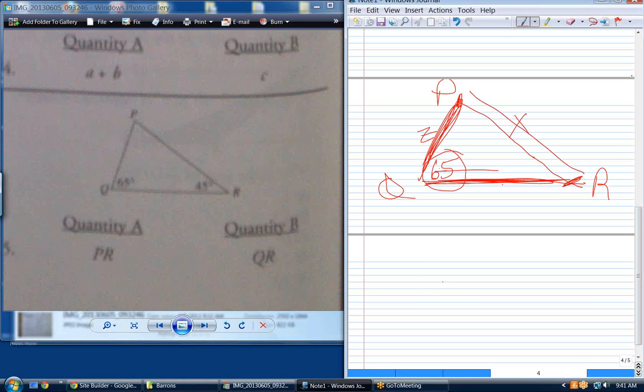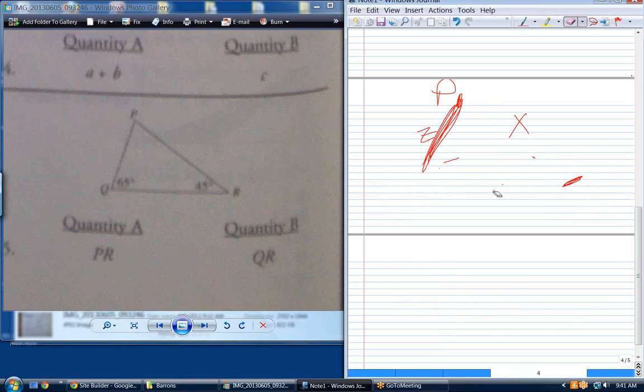Even if you have strange triangles like this, we'll call the angles A, B, and C, and the sides X, Y, and Z. What is opposite angle A? Z. What's opposite angle B? X. Simple.